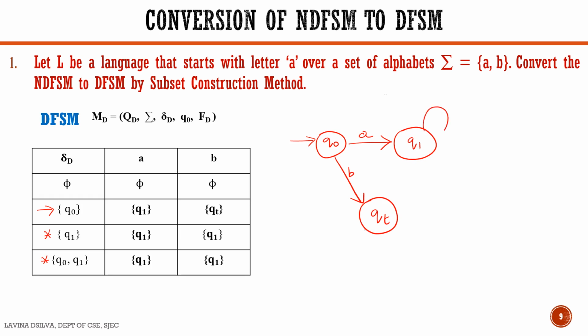Q1 on seeing A remains in Q1, and on seeing B also remains in Q1. Then we have a state Q0, Q1. Q0, Q1 on seeing A goes to Q1 state, and on seeing B also goes to Q1 state.